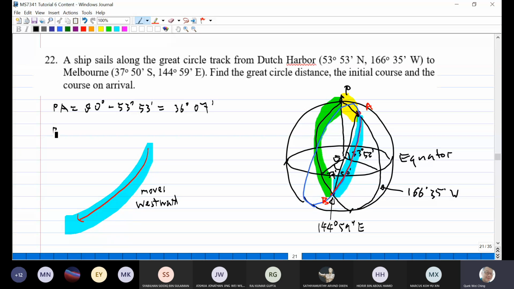Now PB is a different calculation. From North Pole to Melbourne is more than 90 degree, right? So how much is that? From North Pole to equator is 90 degree. Then you plus another 37 degree, 50 minutes.